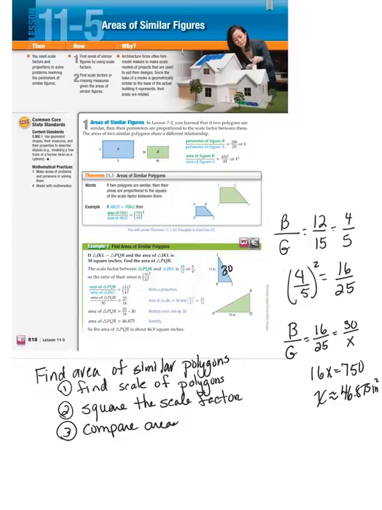Let's look at a couple more examples. All right, in 1A up here, I'm going to do the same thing. I'm going to go blue to green, because I just usually work left to right. So that's 8 to 5 is my scale factor.